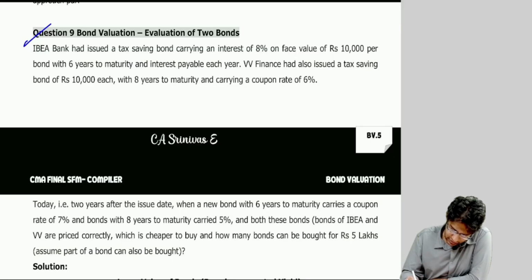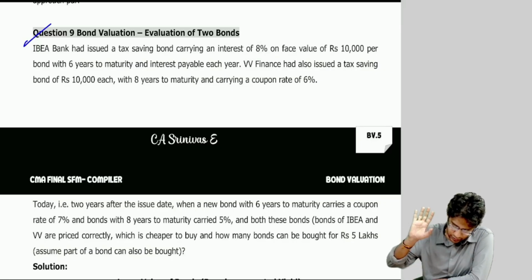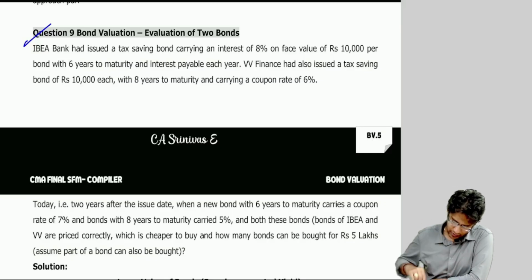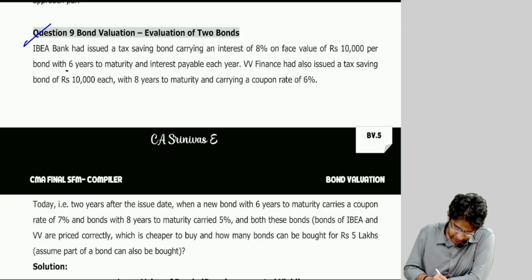Who is VV Finance? Change the name. IBA Bank. Okay, wait, no, it's a different company. I'm sorry. VV Finance had also issued a tax-saving bond of 10,000 rupees each with 8 years to maturity, carrying a coupon rate of 6%. Okay, fine. So two different companies issued two different bonds, but maturity periods are different. Here it is 6 years, here it is 8 years. Here coupon is 8, here coupon is 6.